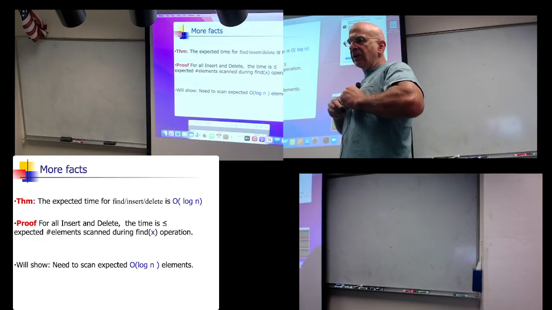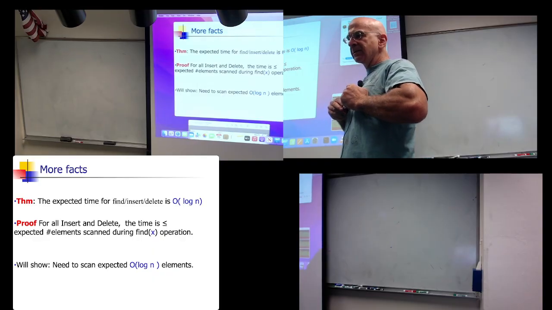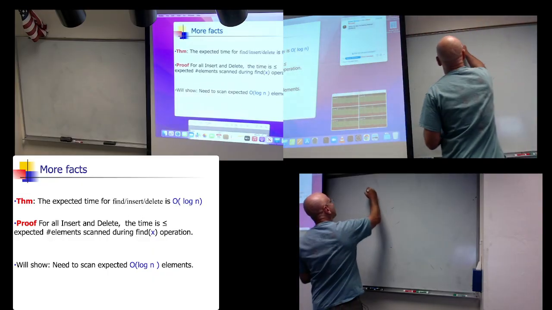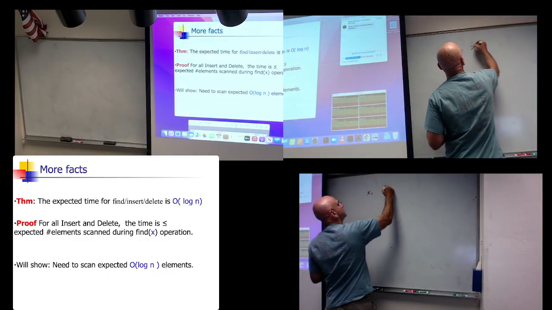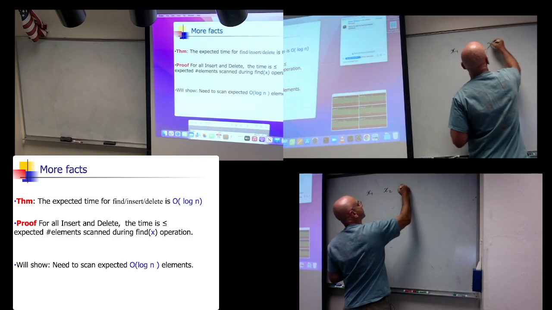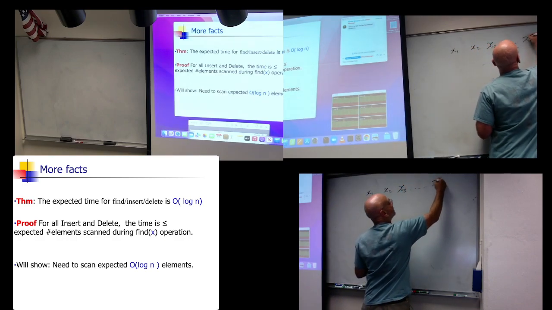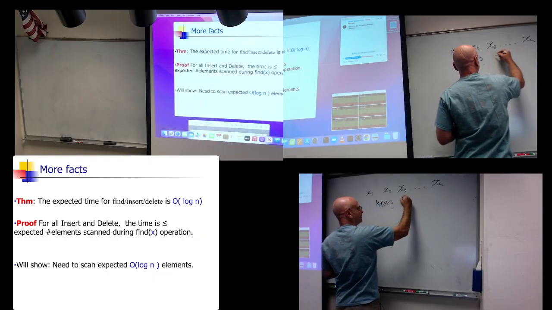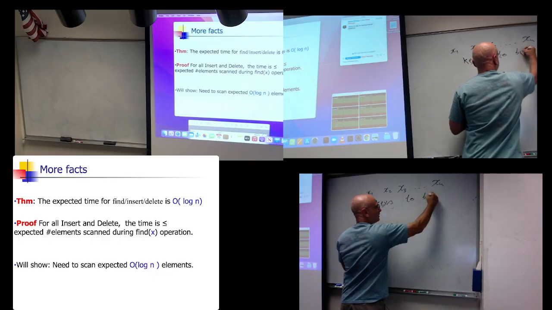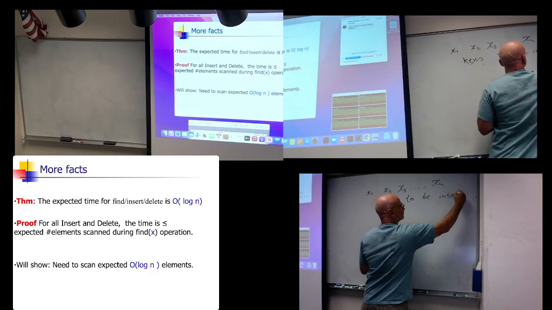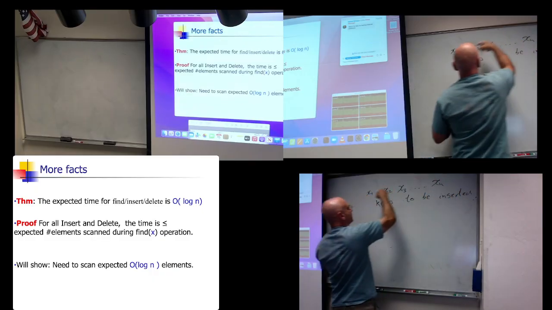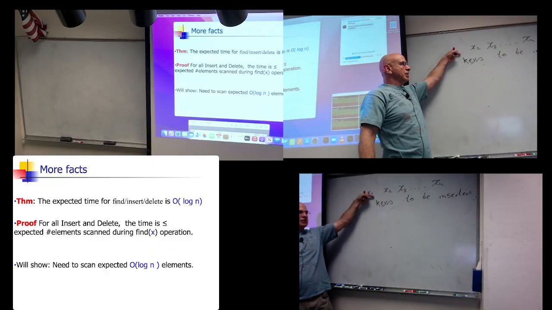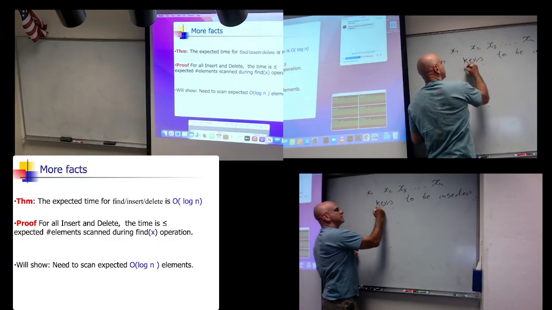Okay, so I need to tell you what expected means here, and think about it this way: we have the same set of keys x1, x2, x3, ..., xn. These are the keys to be inserted. I'm going to insert these keys into the skip list, always in the same order.